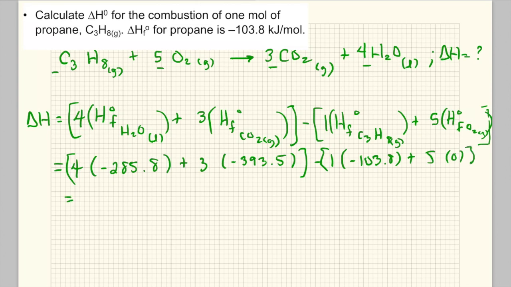Then we would sum all of that up, and we would end up with negative 2219.9 kilojoules. And that's how we would use that equation. So we have an exothermic reaction, and this is the deltaH for that overall. So we would use the chart and the stoichiometry to help us find that.